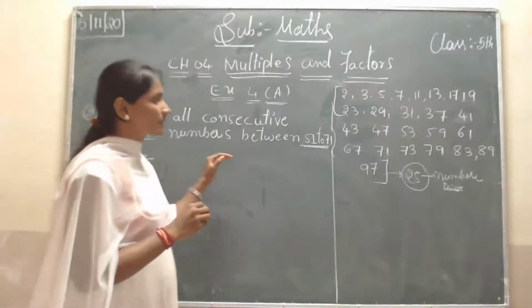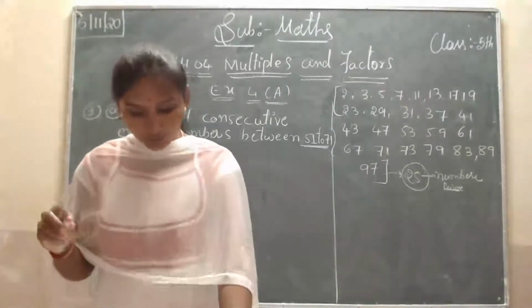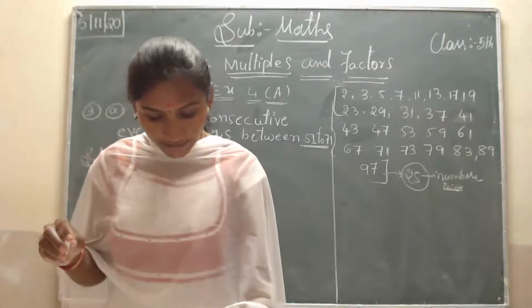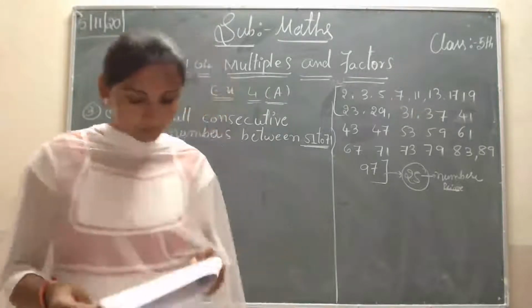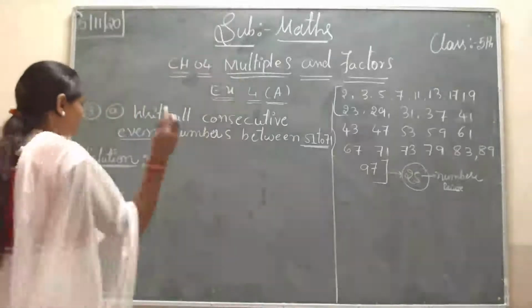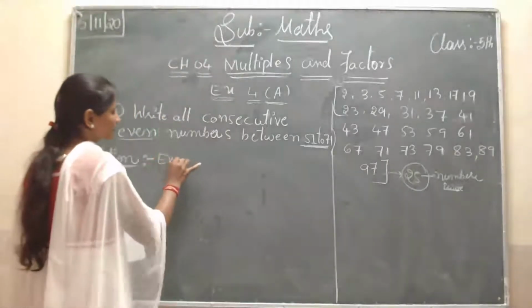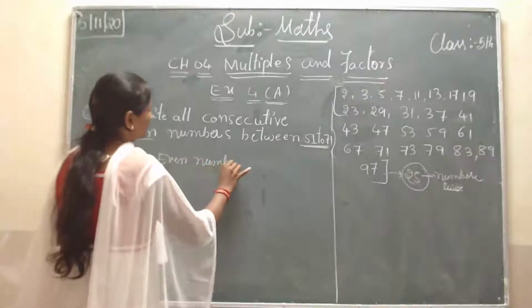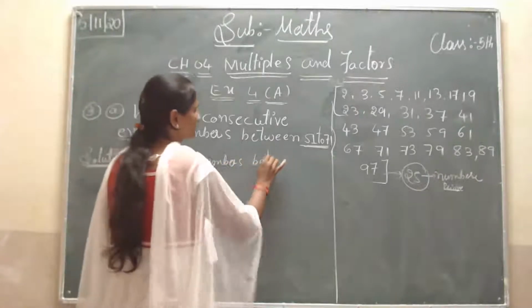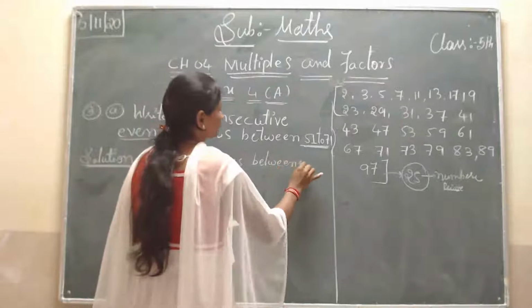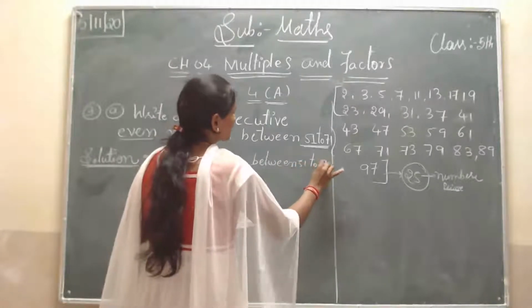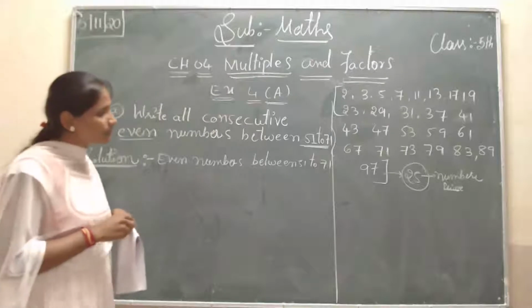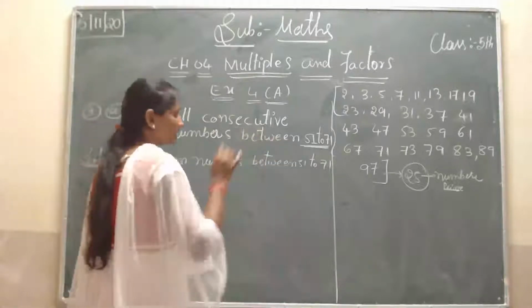The even numbers between 51 and 71, students.